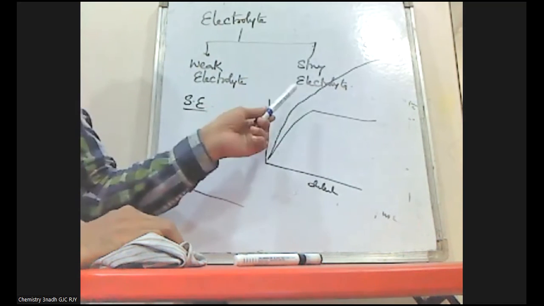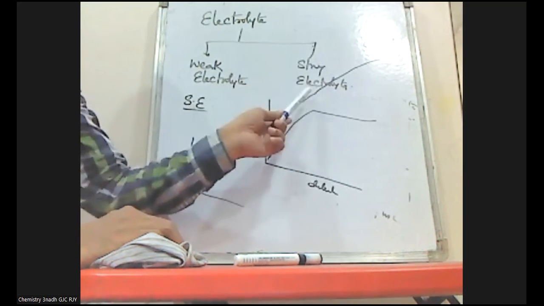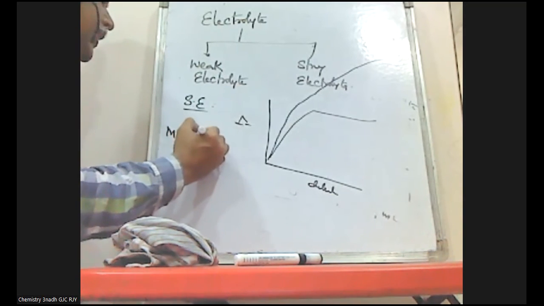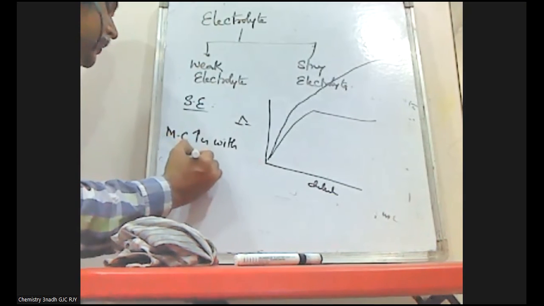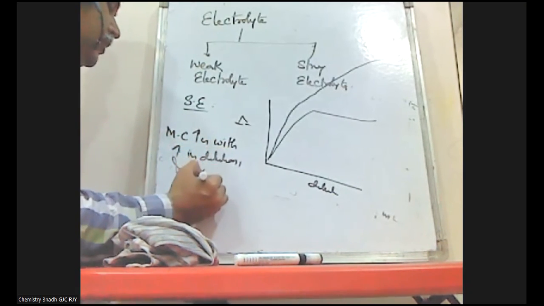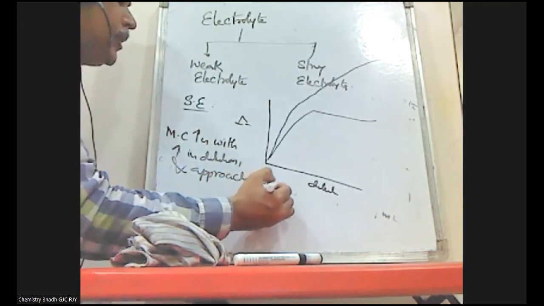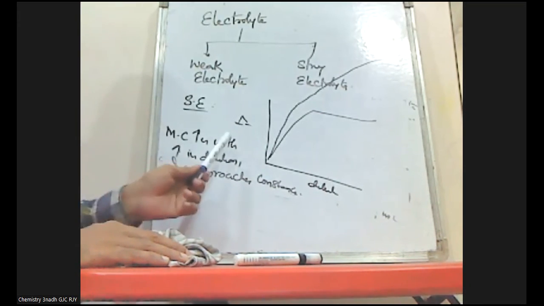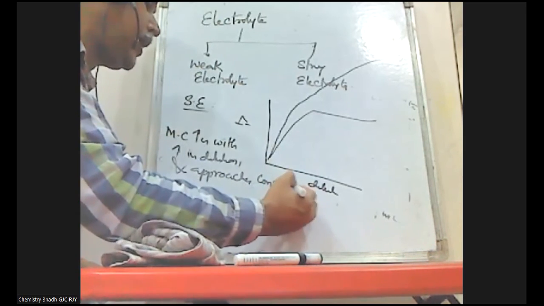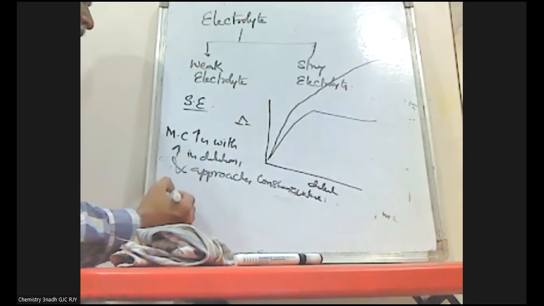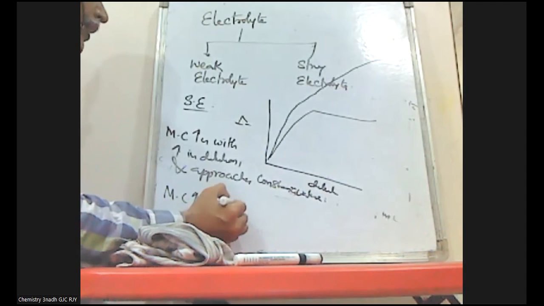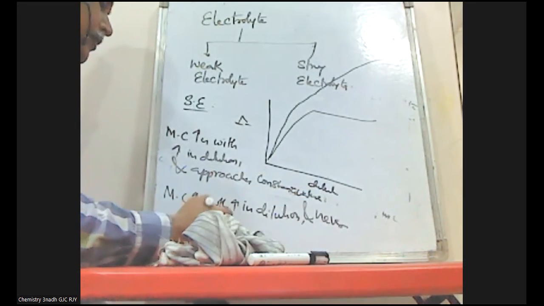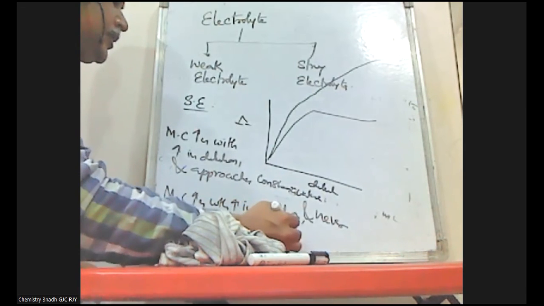Whereas those whose molar conductance increases with increase in dilution and never approaches a constant value are called weak electrolytes.